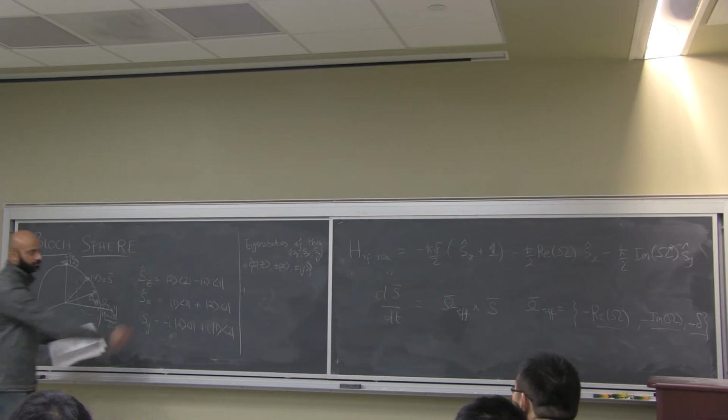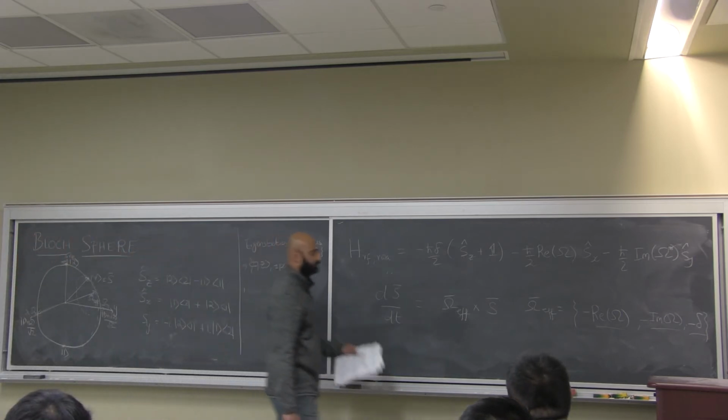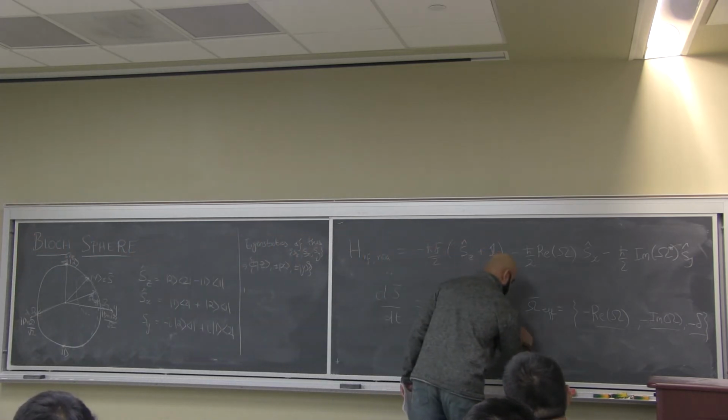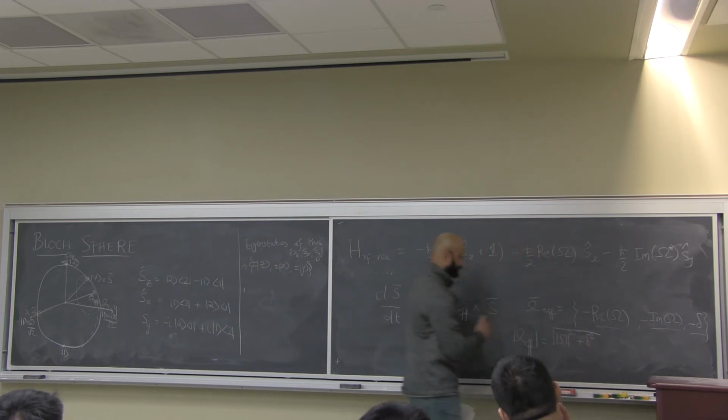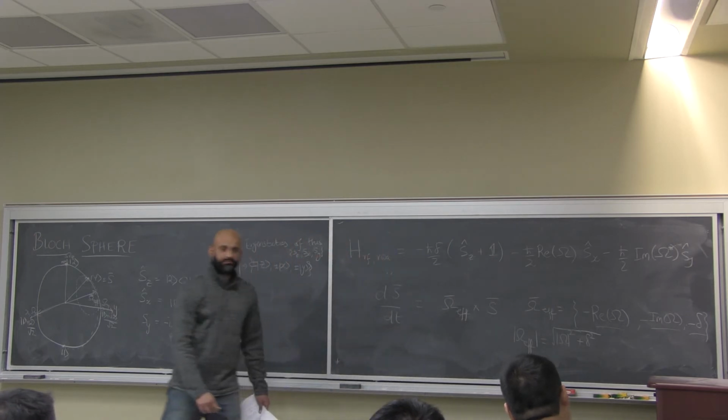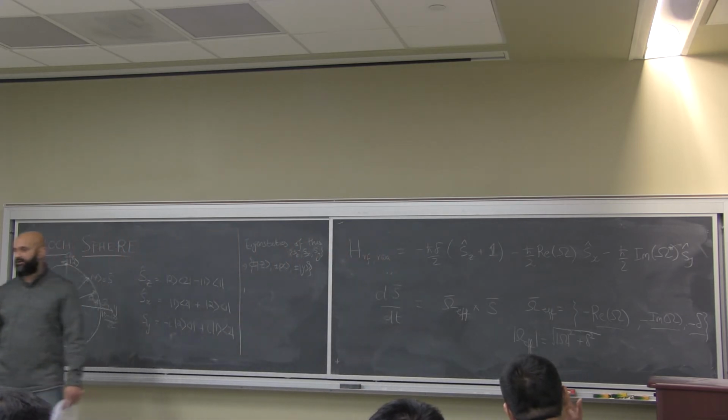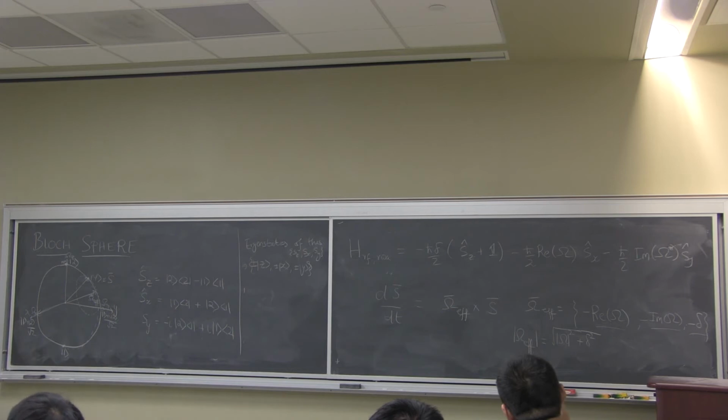Notice that the magnitude of the effective Rabi frequency is given by the square root of the magnitude of the Rabi frequency squared plus delta squared. So the effective Rabi frequency is determined by both the detuning and the amplitude of the optical or microwave field.